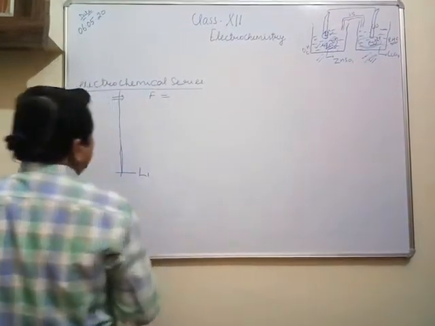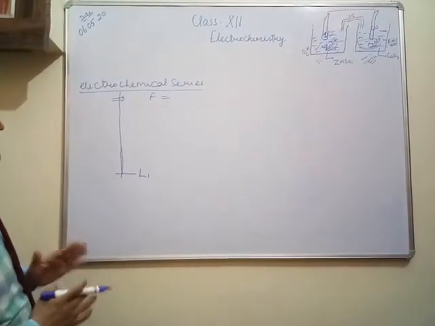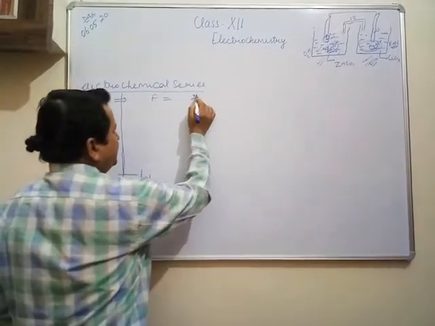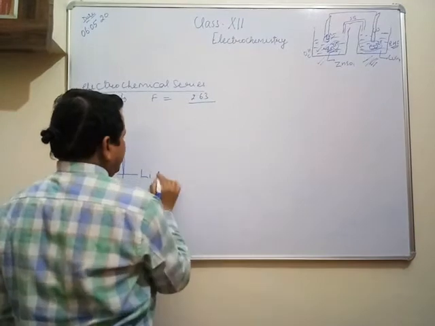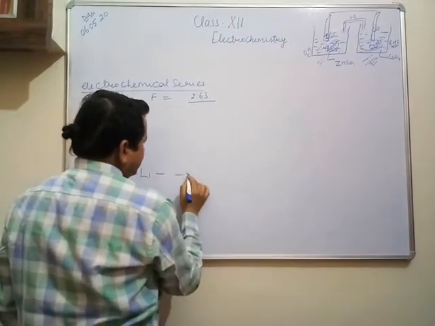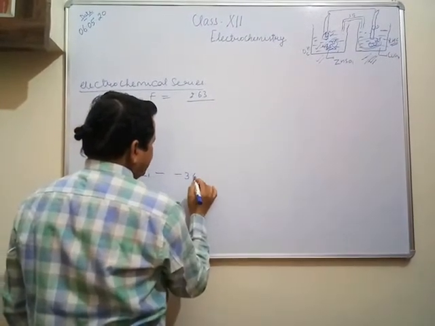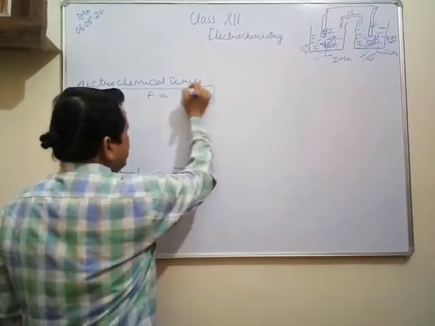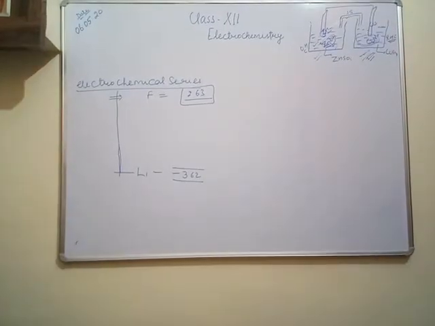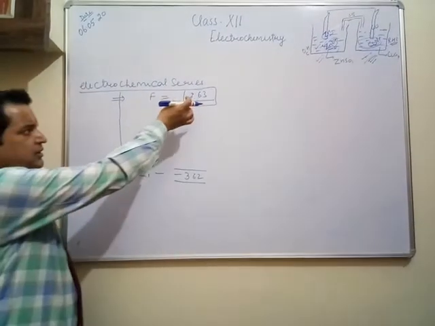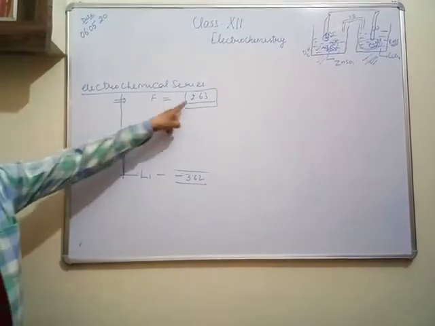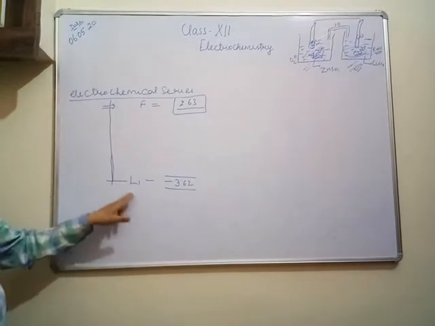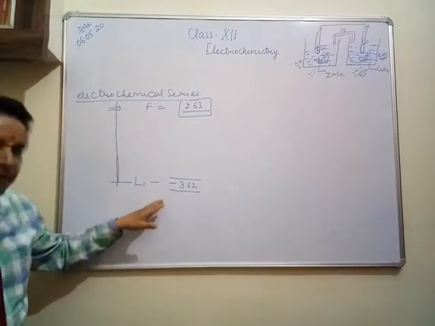Now what is the consequence of that electrode potential value? Suppose it is 2.63, positive, and for lithium it is negative, 3 point something, suppose 62 or 65, whatever it is. This is positive 2.75 or 2.63, whatever is given in your book. This is not the exact value, right? But it is maximum, meaning the reduction potential of chlorine is maximum and the reduction potential of lithium is minimum.